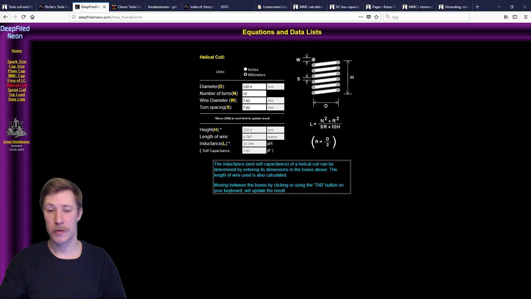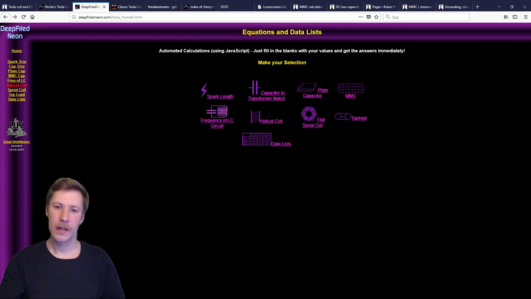They can be used in millimeters, and here you can get some good estimates on the length of your coil and so on for the secondary coil, or if you're doing a helical primary coil.